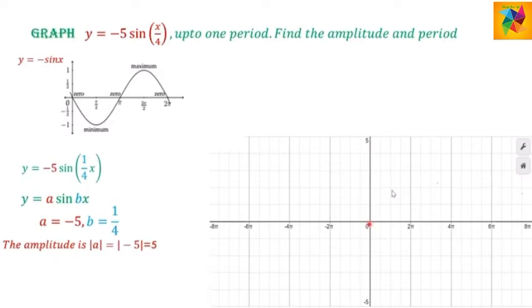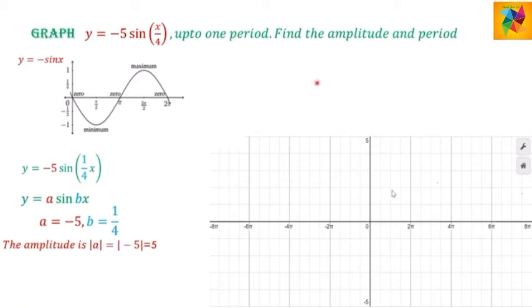Or you could say that going down to -5, the length of that is also 5, which is why we have the absolute value here. The distance or length cannot be negative. So the amplitude is simply the distance from the midline to the highest point.